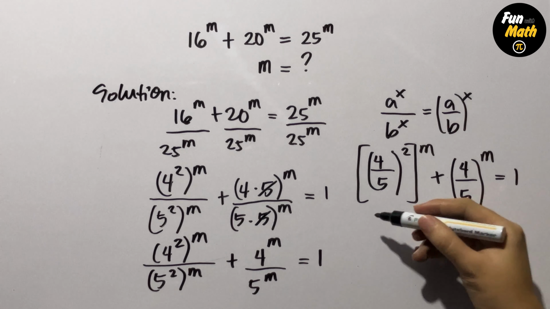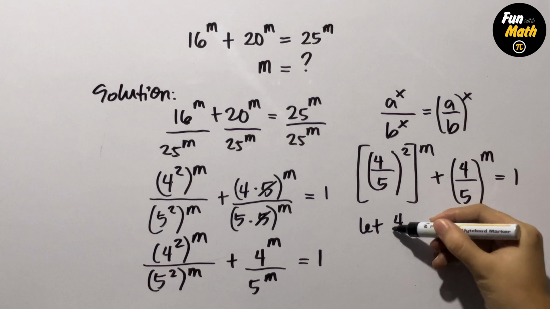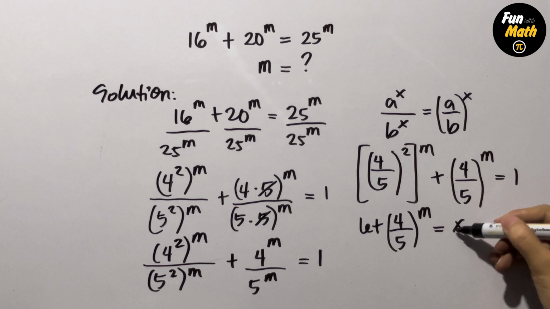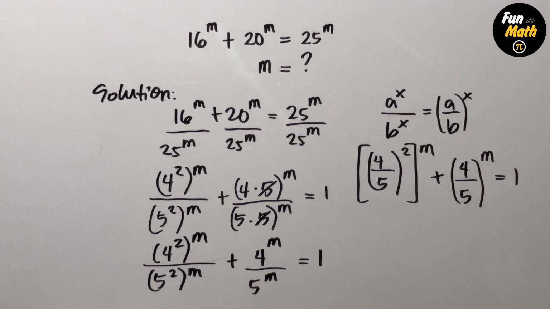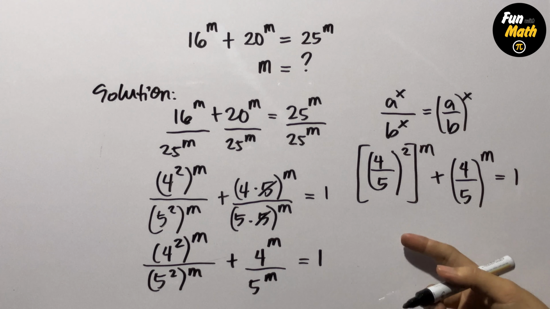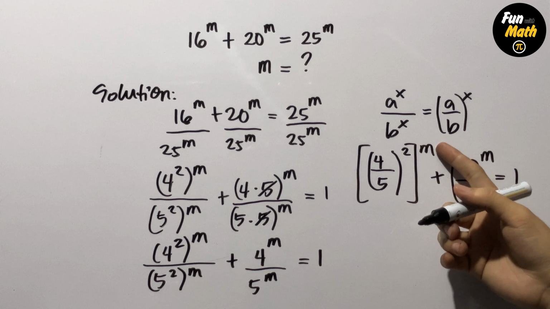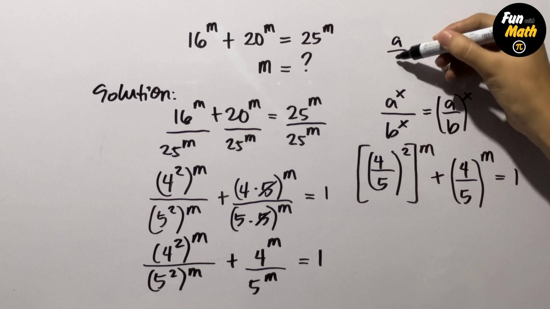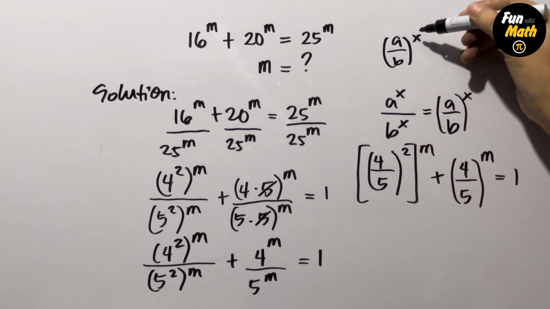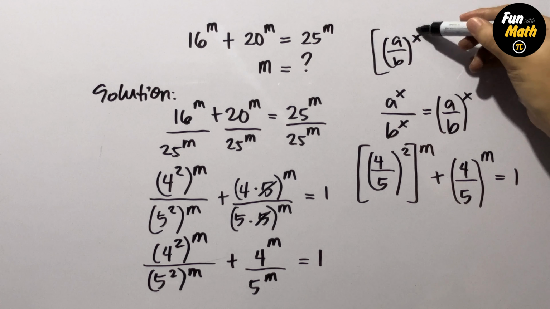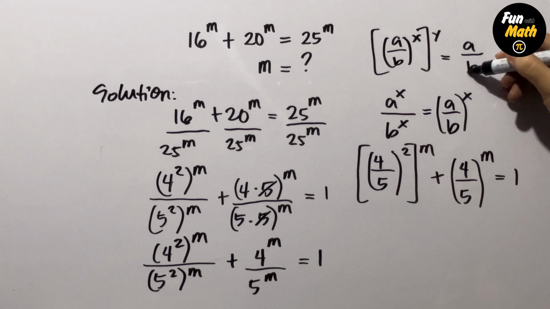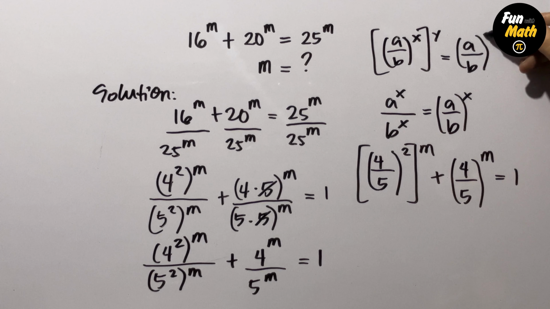Now next, we can let 4 over 5 whole to the power of m be equal to x. Then we can interchange the power to a power. By following this rule, we have a over b whole to the power of x, and then whole to the power of y equals a over b to the power of y whole to the power of x.